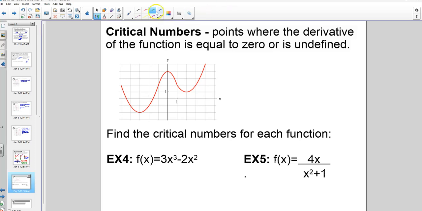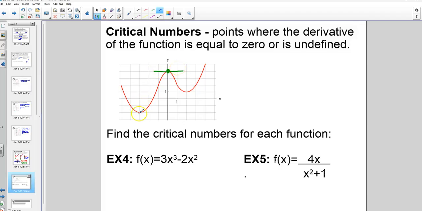Okay? So if I look at this graph right here, what are the x coordinates where I would have a 0 slope? Like my slope, if I drew in my tangent line, it would be a horizontal line. Yep, I would say it's 0, like right here. If I drew in that tangent line, horizontal slope.